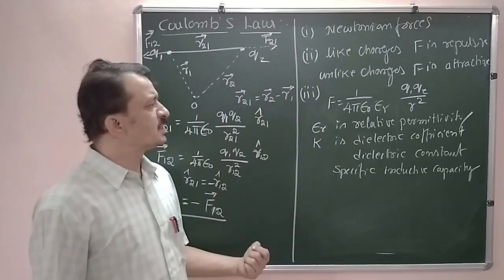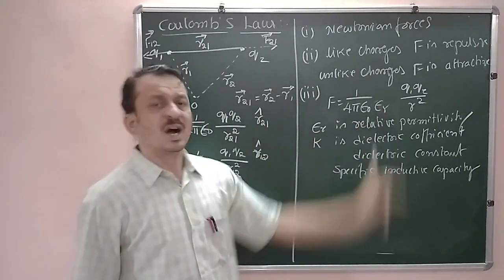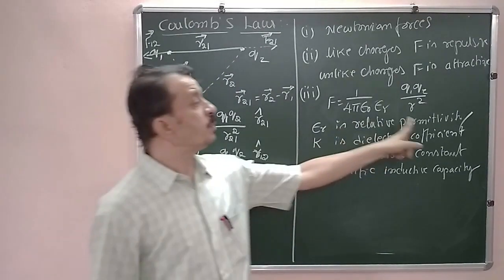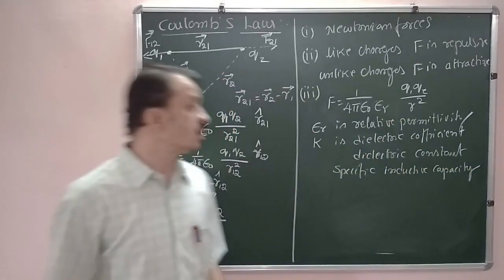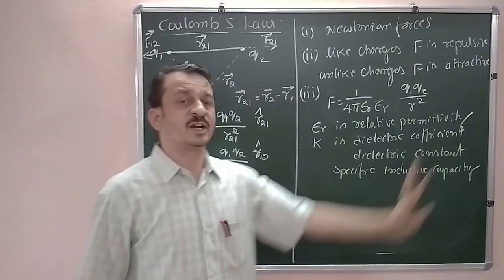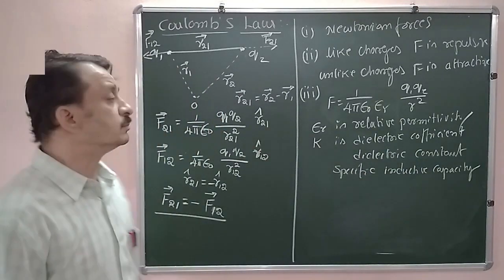Whenever 2 charges are placed in a medium, then the force is given by this one, and here epsilon r is relative permittivity, or it is also called as dielectric coefficient or dielectric constant or specific inductive capacity of the medium.